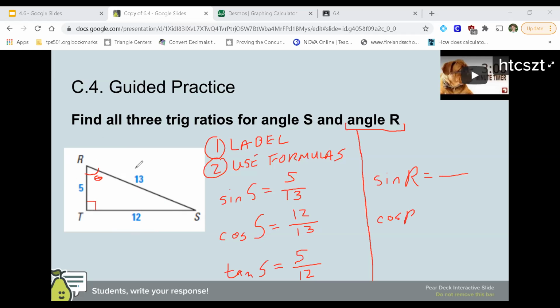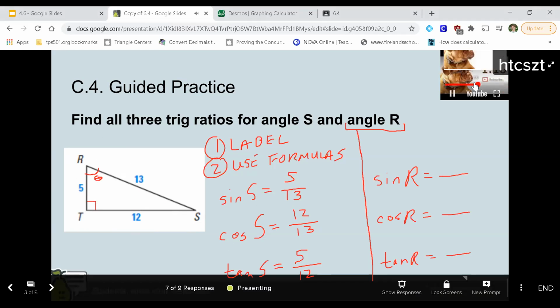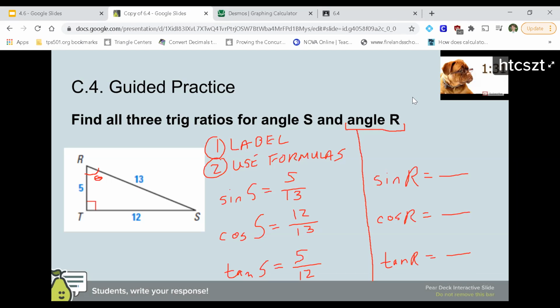Cosine of R will be blank over blank. Tangent of R will be blank over blank. Your answers should be very similar to the answers you got for the first 3. I'm talking spooky similar. There's a pattern that you can use to get the answers for sine of R, cosine of R, and tangent of R.